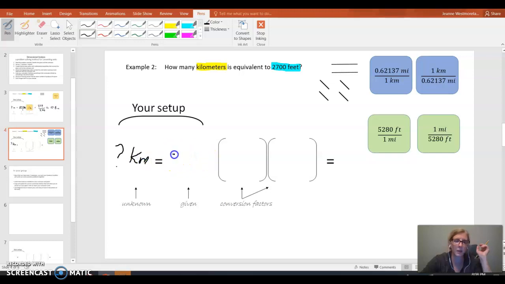And you can think of that as being over 1 if it helps you sort of line up your fractions better.